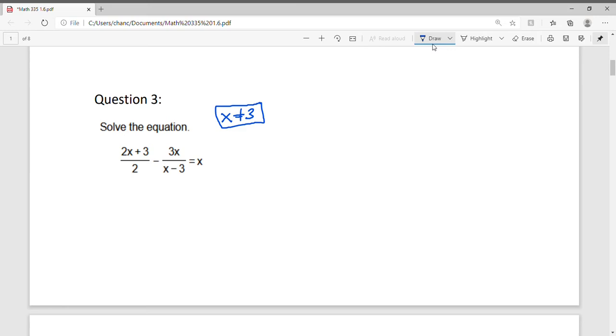Now let's solve this. I want to find the LCD first. The LCD is 2 times x minus 3. I'm just taking pieces of the denominator to make my LCD. Now we'll take the LCD, 2 times x minus 3, and we'll multiply it to every single term.